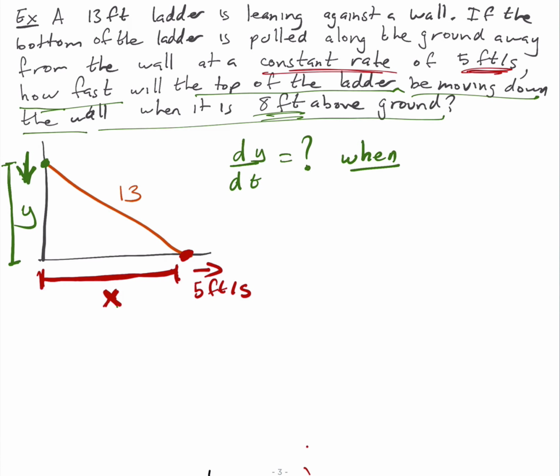When y equals 8, right? That's where I'm going to use it. Only at that point, only when I'm at the end. Once I've gotten the derivative of both sides, then it's okay to plug in the 8 for the y. Does that make sense?